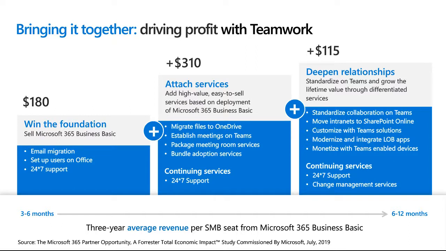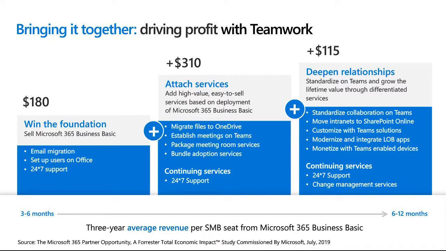SMB partners report that SMB customers are very receptive to outsourcing IT support, solution updates, training, and security monitoring, management, and remediation to a trusted third-party partner, particularly since many have limited or no IT staff within their own organizations. These services build the bottom line and deepen relationships.